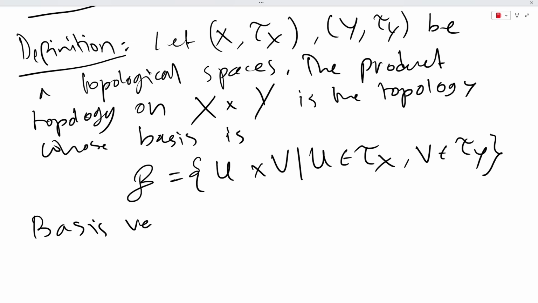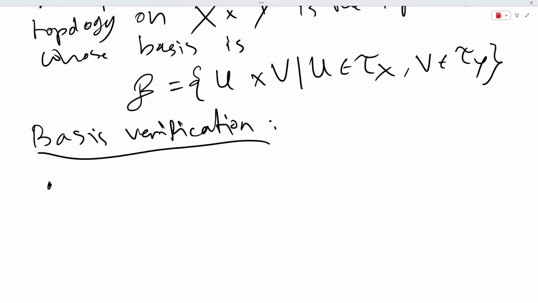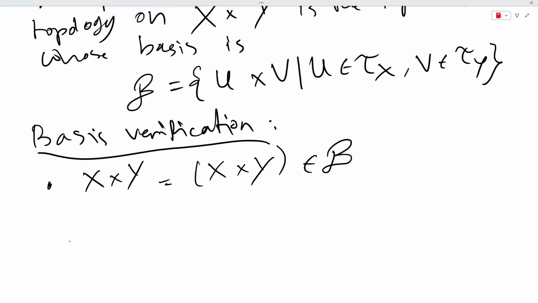Now let's do the basis verification. Firstly, every element of the product lies in the basis: the set X times Y itself is in the basis. So that satisfies that every element lies in some basis element.